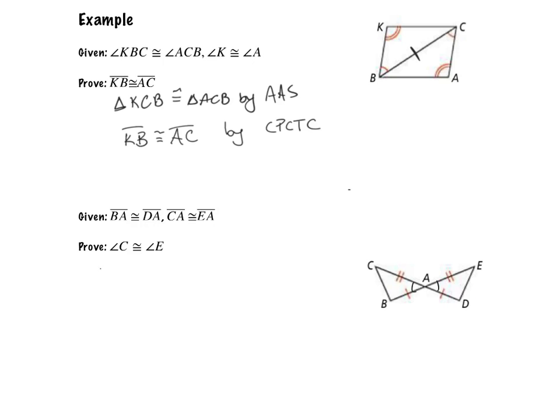So my first step is to say what are the triangles. This is where you'll get some practice naming them, right? So if I name this triangle ABC, what would be the order that I have to go in for the other one? ADE, right?